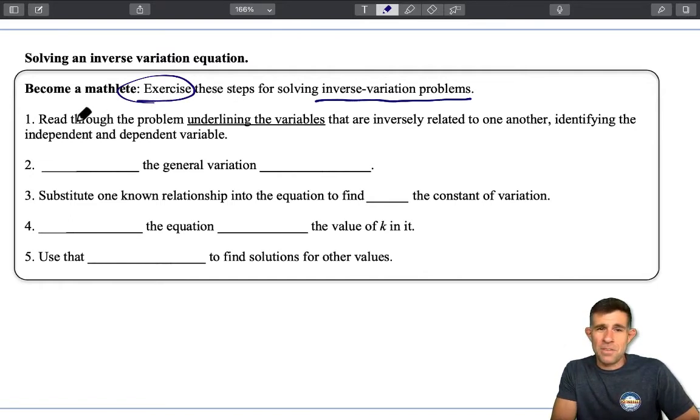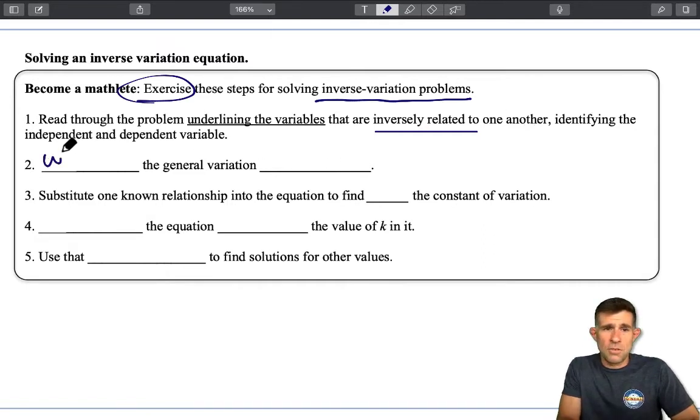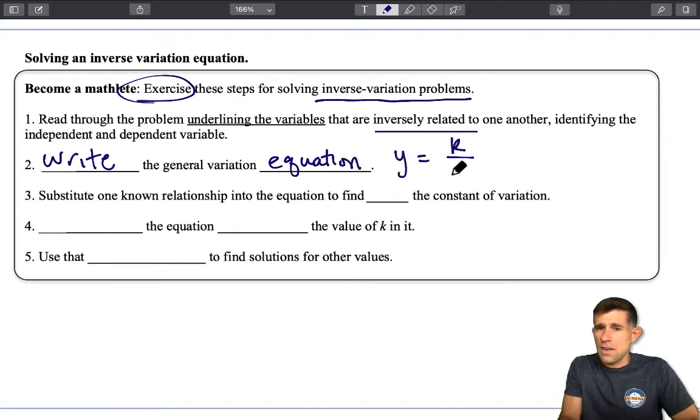All right, first up, it's going to look very familiar. Read through the problem, underline the variables that are inversely related this time, and make sure you identify which one's the independent and which one's the dependent. Then you're going to write that general form of the variation equation. And remember that general form always takes on y equals k divided by x to the nth.